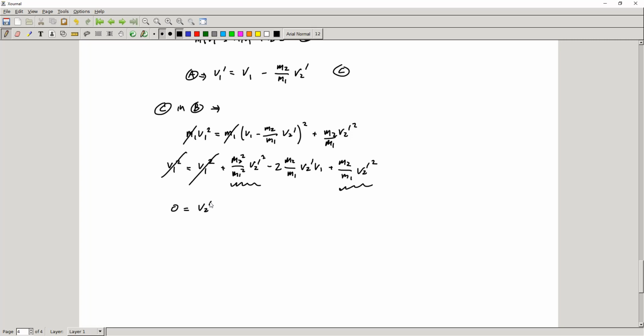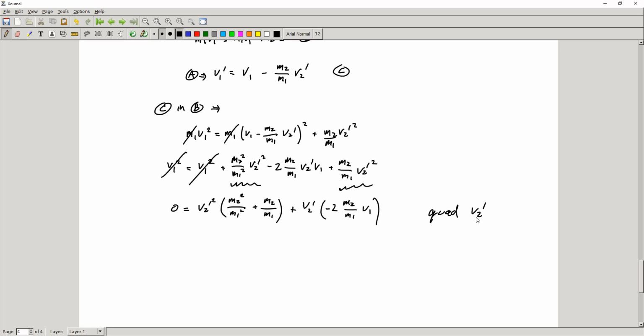We'll have a V2 prime squared times our M2 squared over M1 squared plus our M2 over M1, and we're going to have this leftover term that goes like V2 prime, which will have a coefficient of, maybe I should make that a plus, and I'll do it like this, minus 2 M2 over M1 V1, right? Again, quadratic in V2 prime.